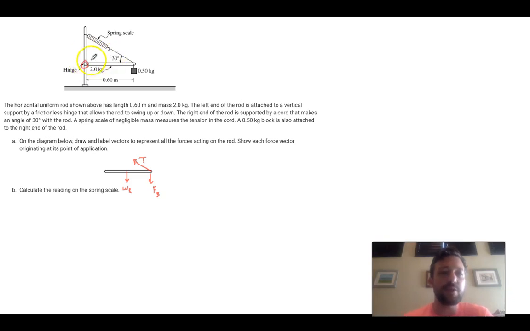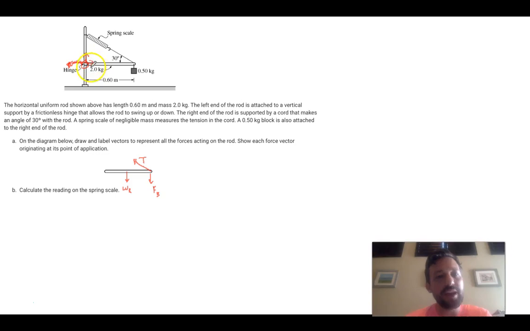Now it's applying a force upwards, like we calculated in the last problem, and it's also applying a force outwards because this tension in this rod is pulling it in towards the wall, yeah, or towards the pole. If that hinge wasn't there, this rod would fly that way. So that means that there must be an opposite force going in this direction to neutralize that and keep it in equilibrium.